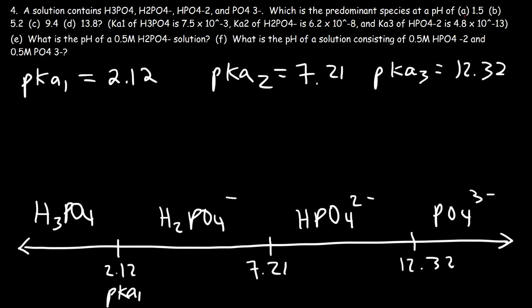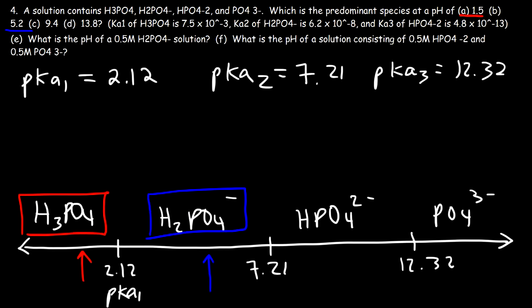So considering part A, at a pH of 1.5, which is here, the predominant species is going to be phosphoric acid. In part B, at a pH of 5.2, it's going to be dihydrogen phosphate. And then in part C, at a pH of 9.4, it's monohydrogen phosphate.